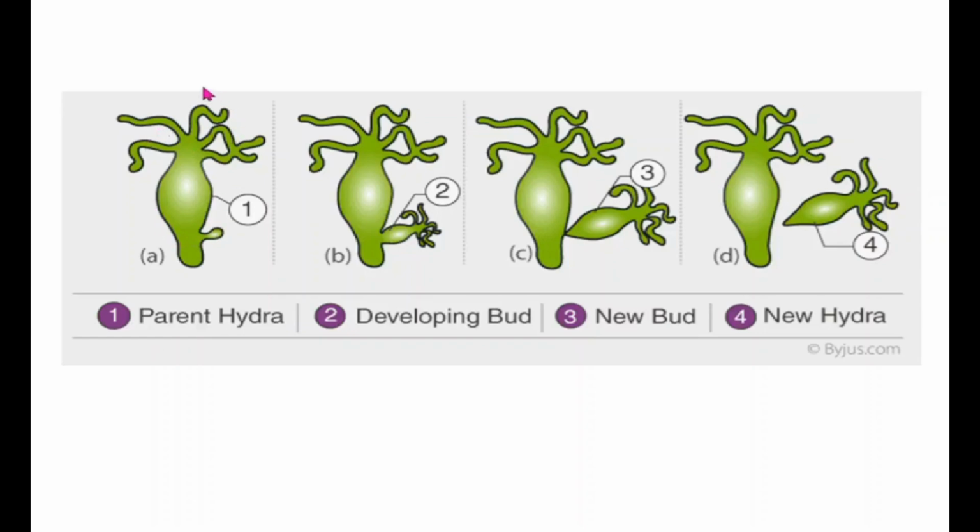This comes about in such a way, and then this will be the parent for the next daughters. So the parent hydra, then a developing bud, then a new bud is forming, then finally it will be a new organism, a new hydra.